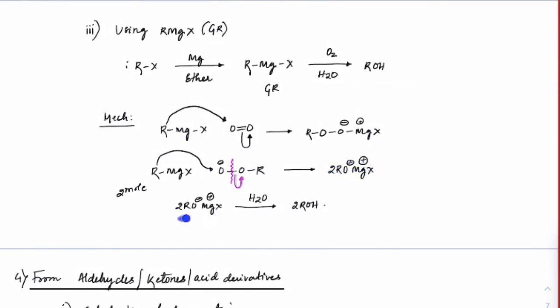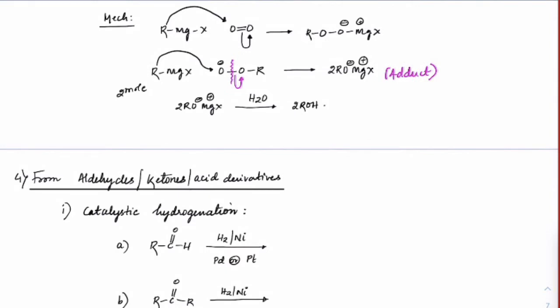Once you get this adduct, because it has a charge on it, it will form a thick solution. If you treat this with water, it will form alcohols immediately. Make a note of that. So that is how we use Grignard's reagent directly to convert into alcohols just by using oxygen.